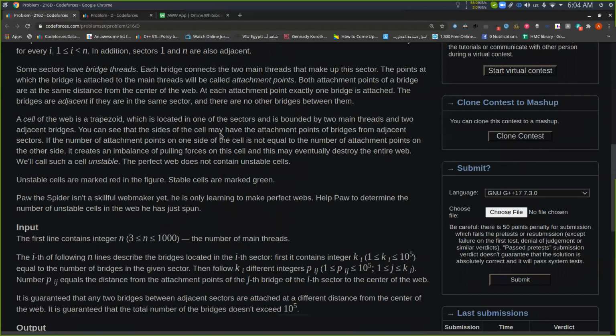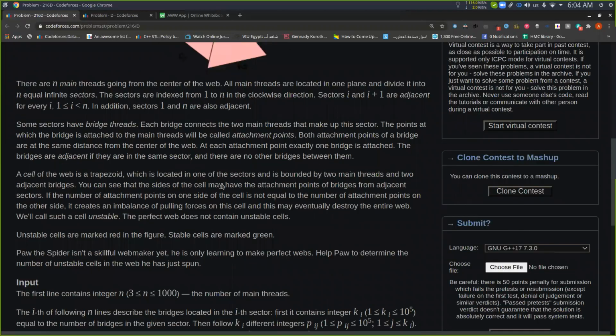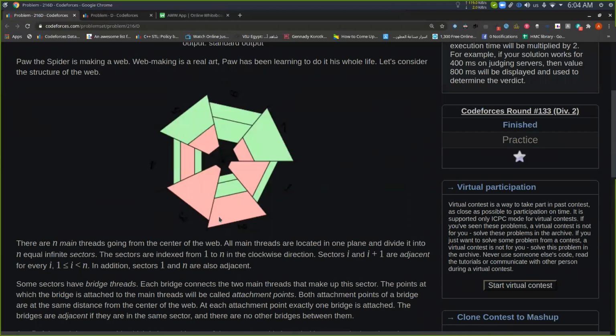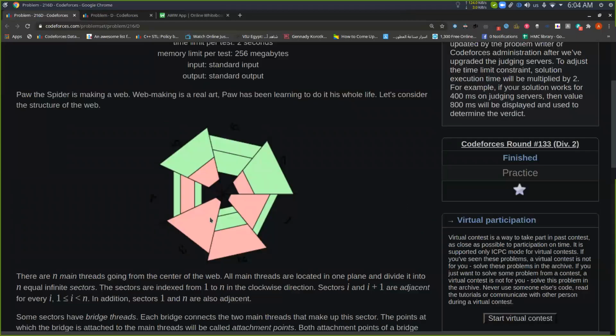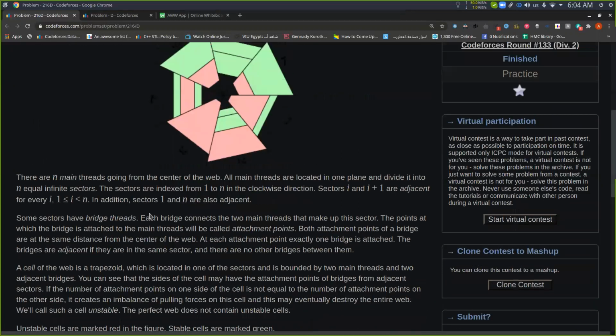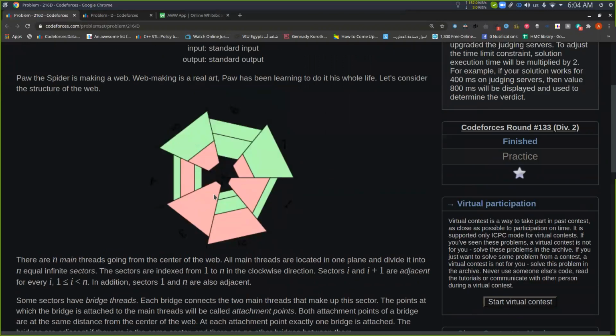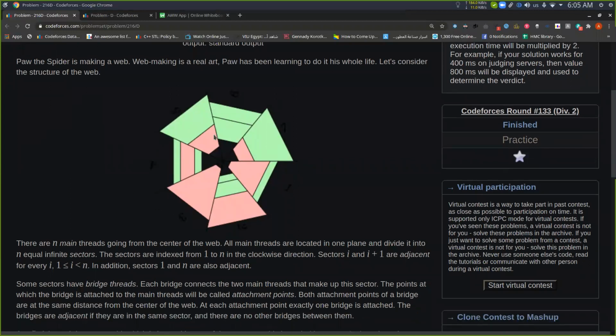In this problem, a cell is the area between any two consecutive bridges. So this is a cell, cell, cell, and so on. An unstable cell is a cell which does not have an equal number of bridges on both sides.